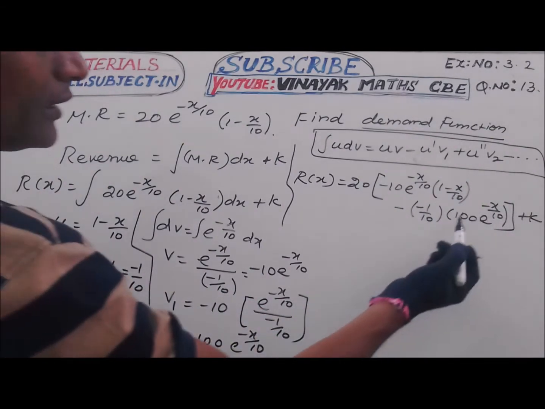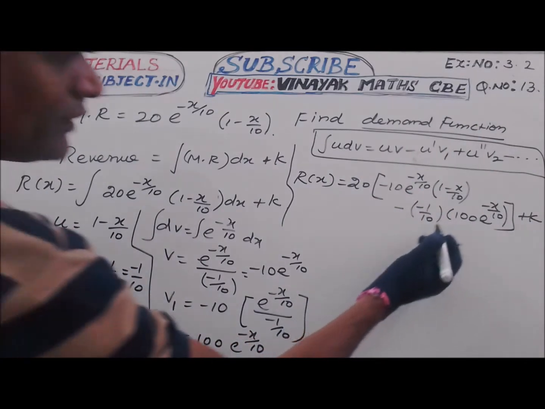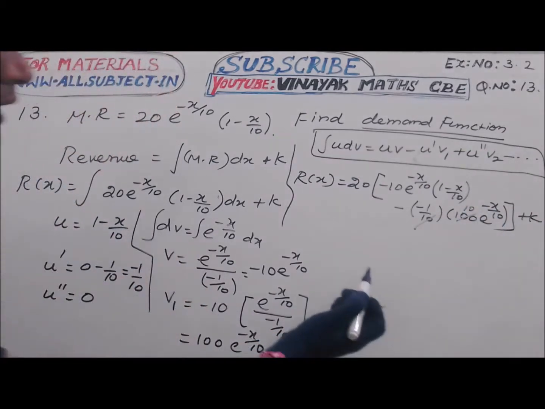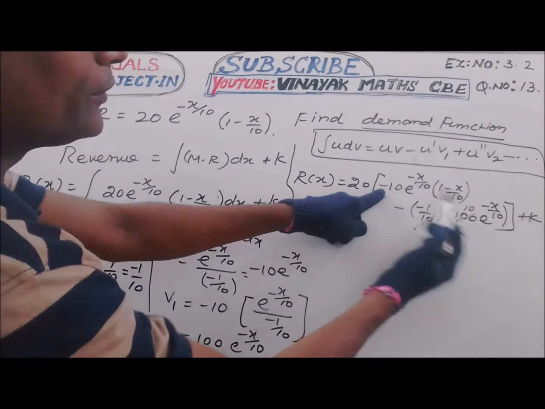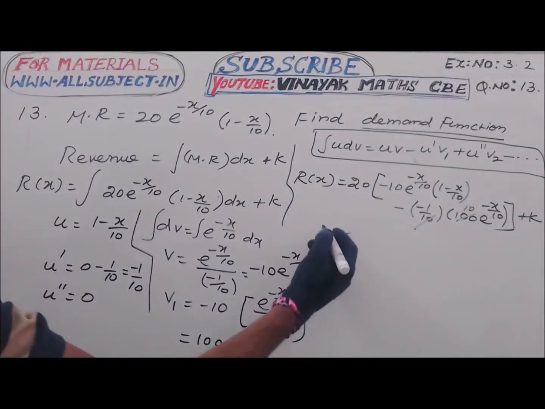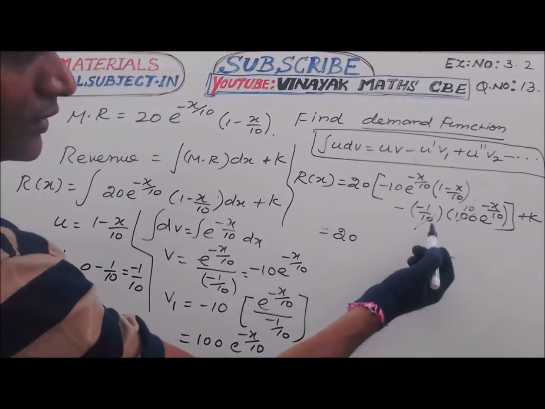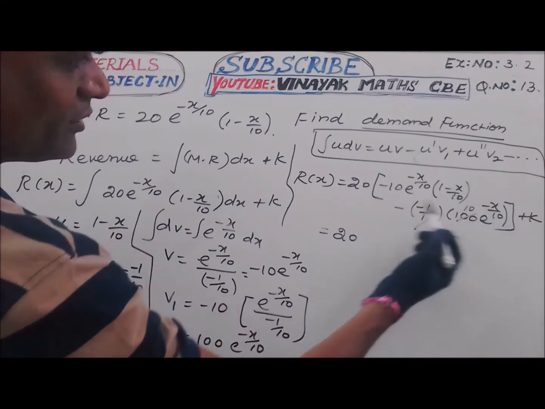Now we can take the common term e power minus x by 10 out, and here we can simplify 100 by 10 times. Look here, in both the terms we have minus 10 into e power minus x by 10 as common, that is taken out. So that is equal to 20 into the common term minus 10 e power minus x by 10.